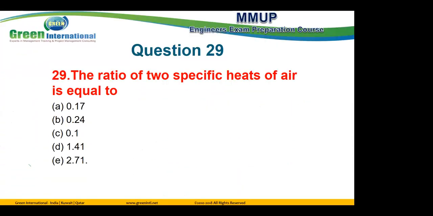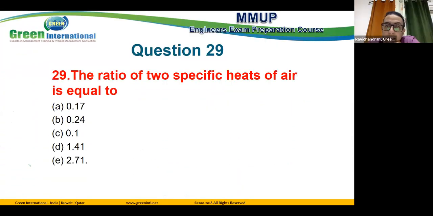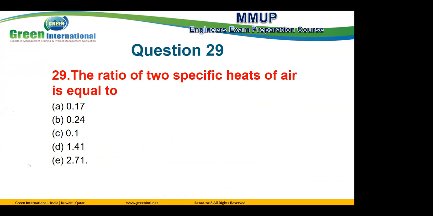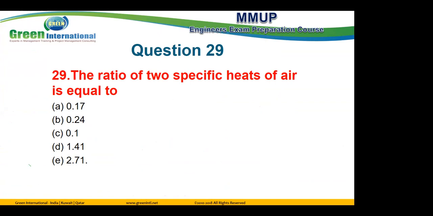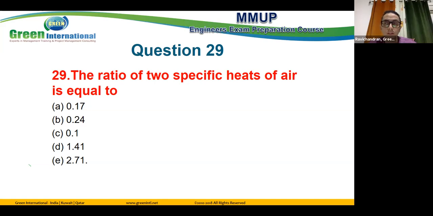So it is four laws. The ratio of the two specific heats of air is equal to Cp over Cv. What does Cp over Cv refer to? I will give you two definitions.